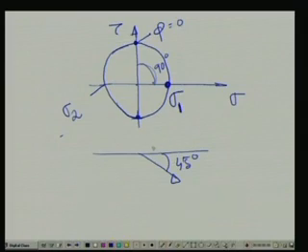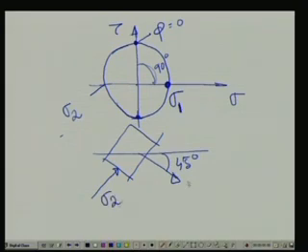So, this is sigma 2, this is sigma 1, and this is the orientation of the plane where you get this particular feature. That means this is the plane which is perpendicular to the plane at which sigma 1 is acting.